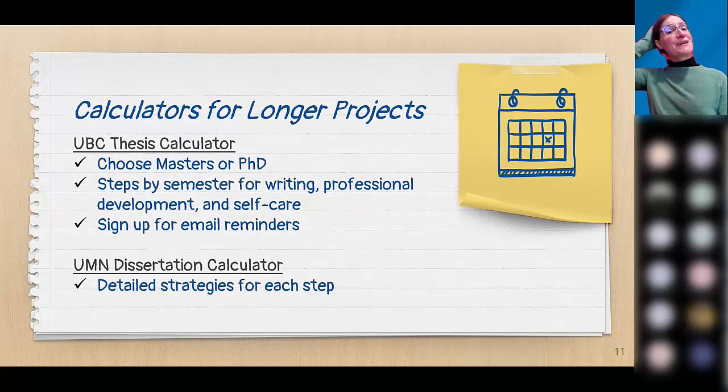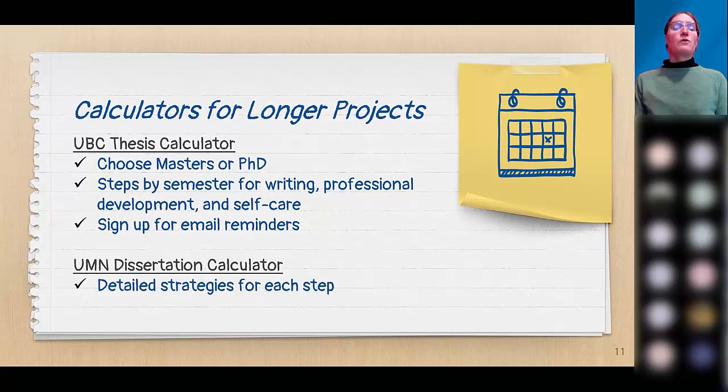Now, there are even assignment calculators specifically for the graduate thesis and dissertation, of which the literature review may be a part, and research is certainly a huge component. The University of British Columbia's thesis calculator allows you to choose a master's or PhD option to get tailored results. With this one, the steps are broken down by semester.